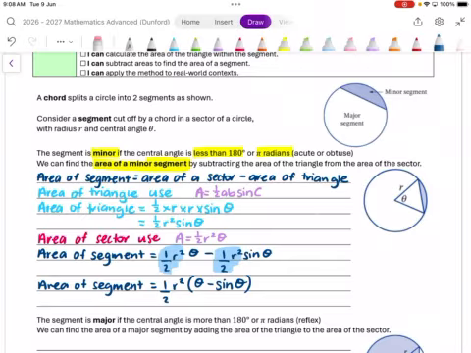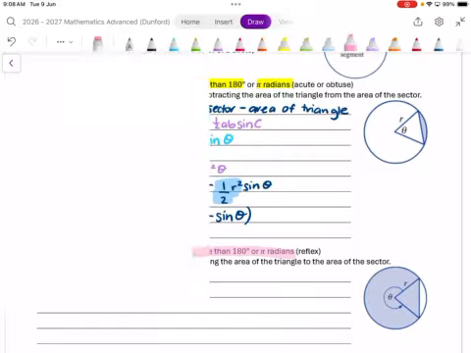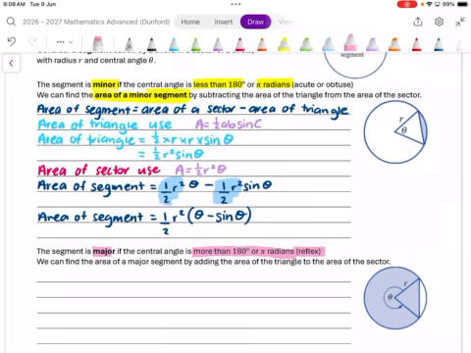Now, we can also see what happens when a segment is major. So if a segment is major, it's when the central angle is more than 180 degrees or pi radians. So it's a reflex angle like you would have learnt back in year 7 or even in primary school. So we can also find the area of a major segment by finding the area of the triangle and adding it to the area of that sector there, okay, in order to find that whole amount.